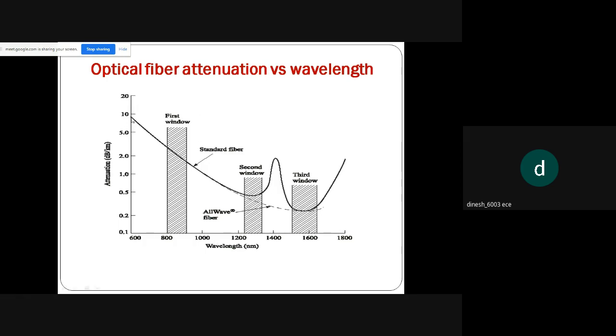This dark line shows a peak after the 1330 nanometer usage, around 1400 nanometer, where the attenuation was much higher compared to the second window. Only then did they shift to 1550 nanometer.